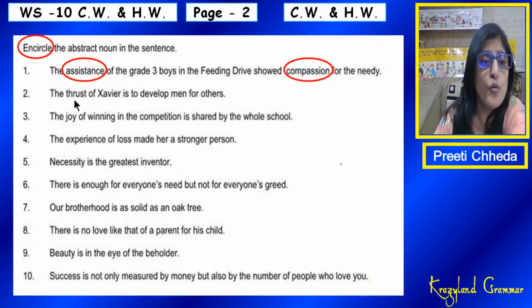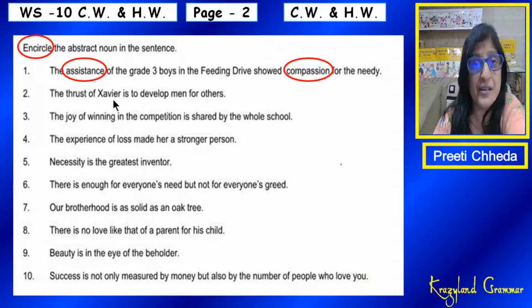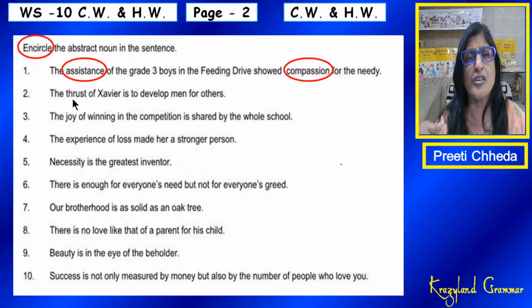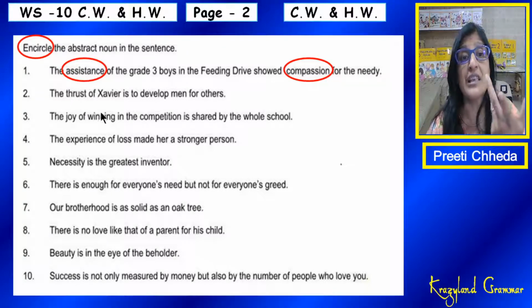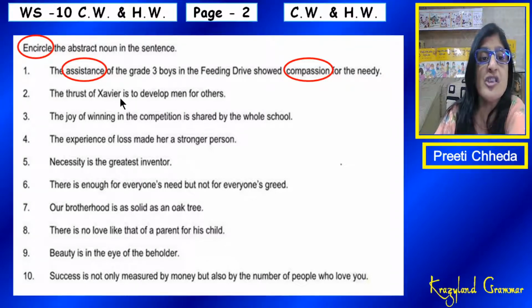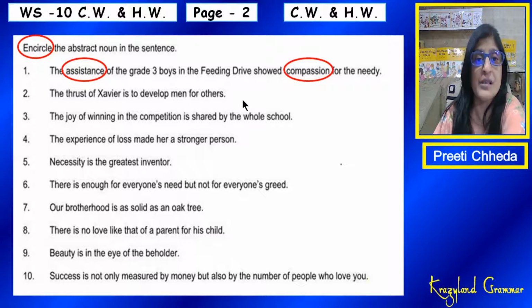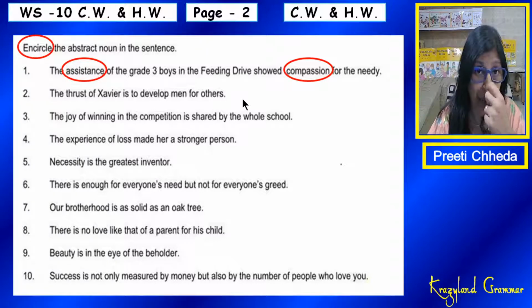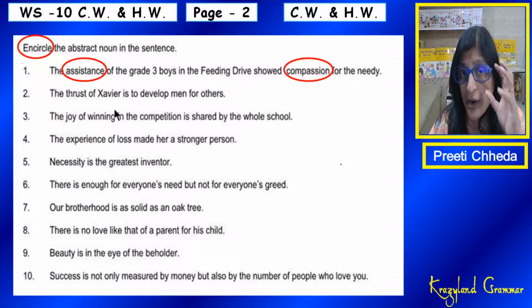Okay, number 2, the thirst of Xavier. Xavier is the name of a person. Thirst means a very strong desire, a great feeling or the need to do something. The thirst of Xavier is to develop men for others. That means he had a thirst to create people for the development of others. That is the meaning of the sentence.